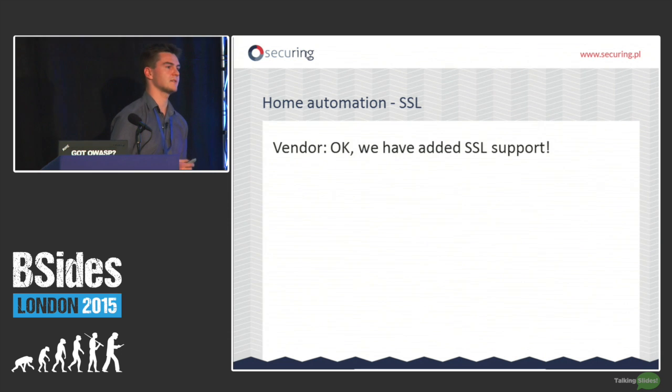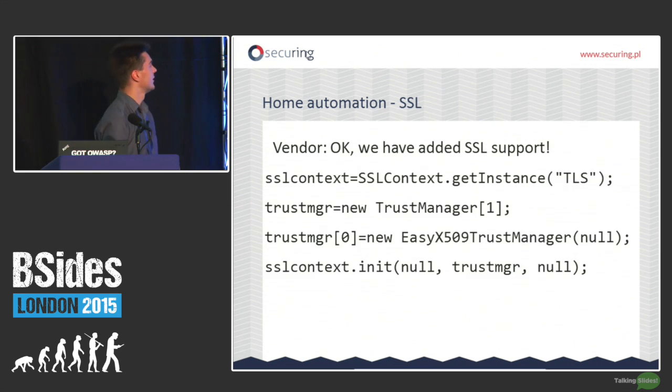So as always, we try to contact vendors, and we wrote him a report that he's got some vulnerabilities in his appliance. So he said, okay, I will patch it by SSL. So in the mobile application, the new version that was in the Play Store, there were new 4 lines.